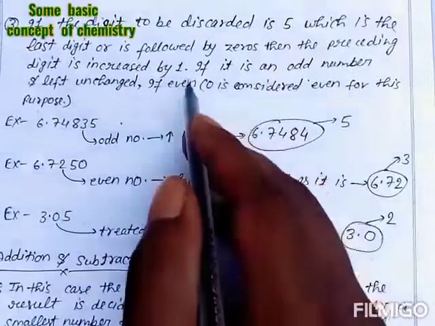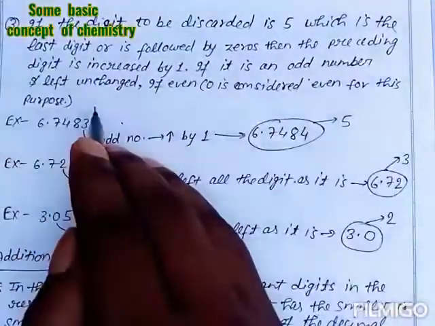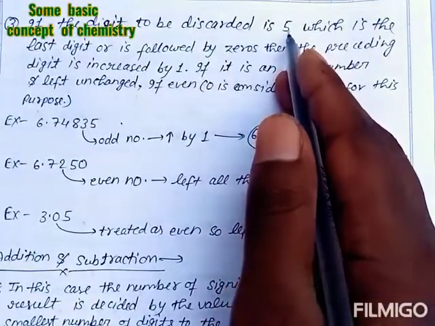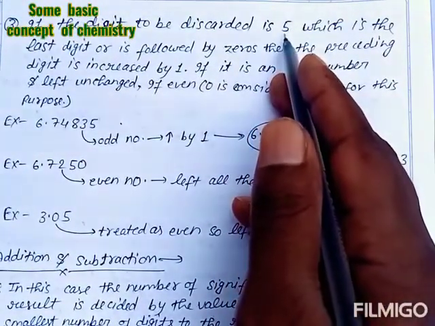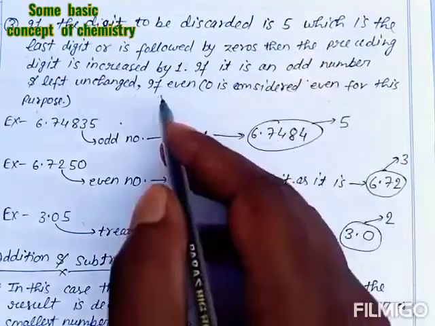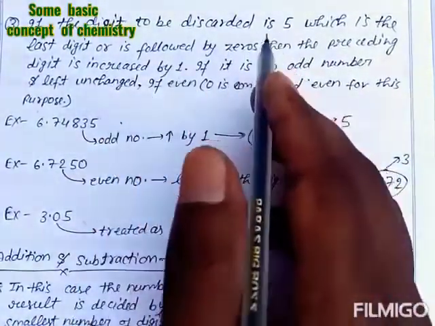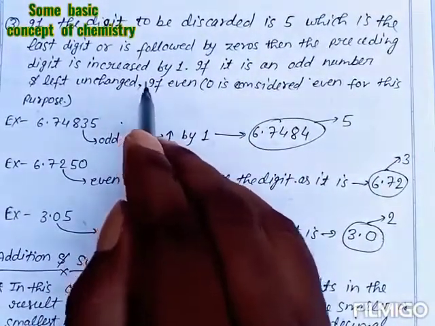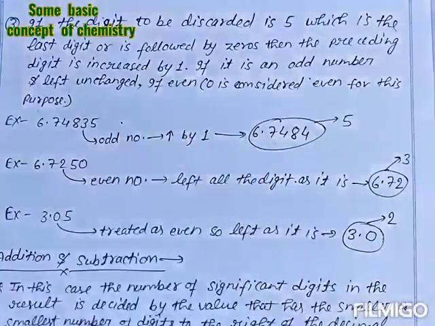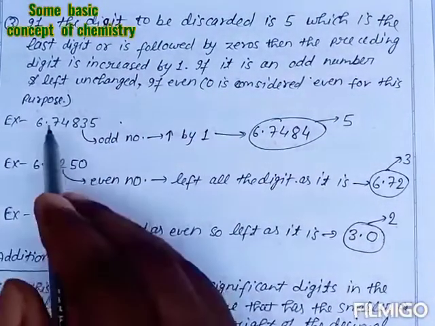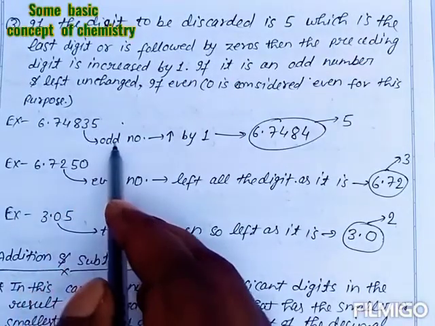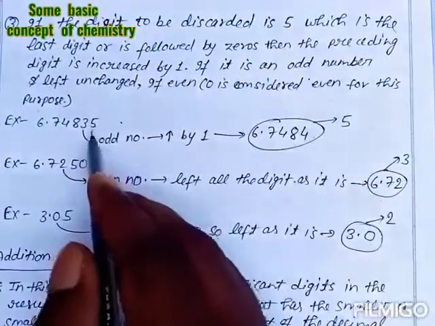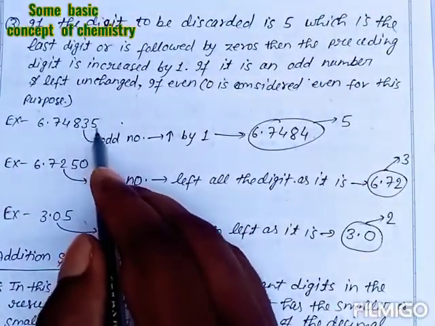If the digit is exactly 5, not less than 5 nor greater than 5, then there are two conditions: the digit just before the 5 is odd or even. Odd number increases by 1, and even is left as it is. For example, 6.74835: 3 is odd, so it is increased by 1. So 6.7484, because the last digit is exactly 5.